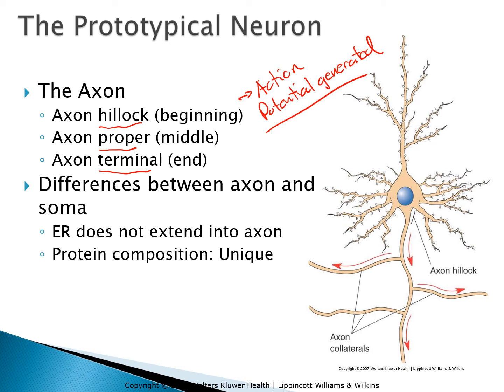And then, if we do get one, it'll propagate its way down the axon and through the axon proper, which goes everywhere. And then the axon terminal is the point where that axon gets close to another cell. Okay? Or sometimes those terminals actually circle back onto the same cell, but we'll get to more. Again, we'll talk more about that communication later, but just understand those three components of the axon.